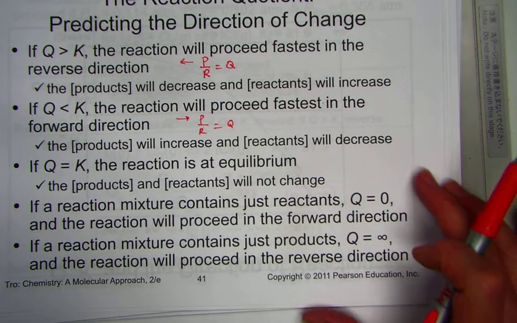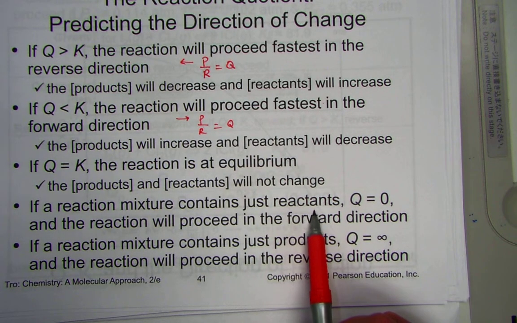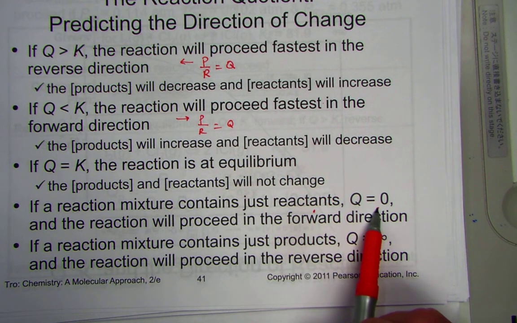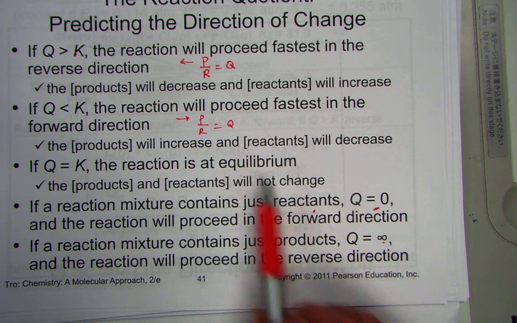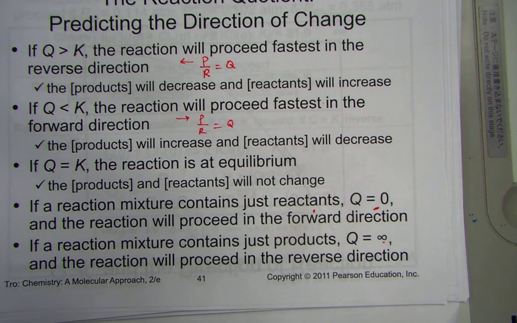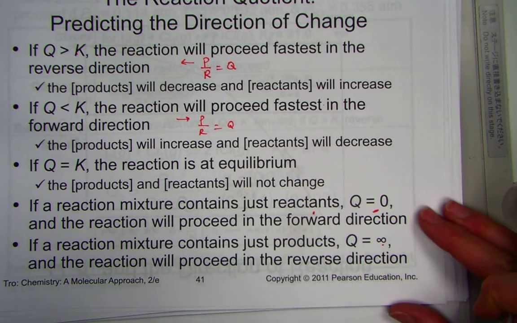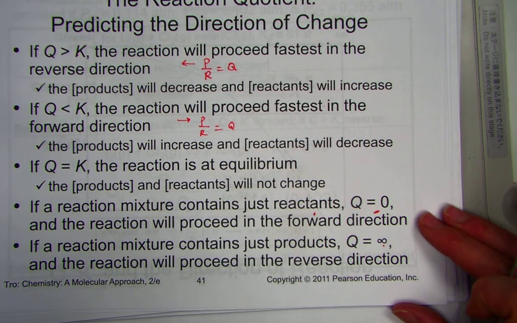If a reaction mixture just has reactants, Q is 0. If a reaction mixture is just products, Q is infinity. And that's just algebra thinking about that comparison. The reaction will only proceed in the reverse direction if it is infinity.